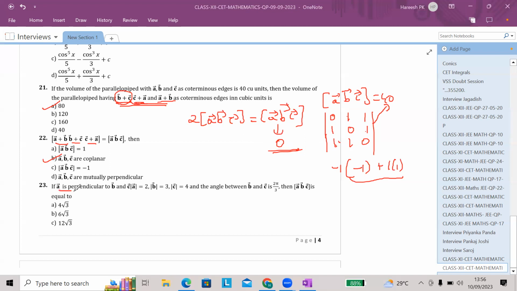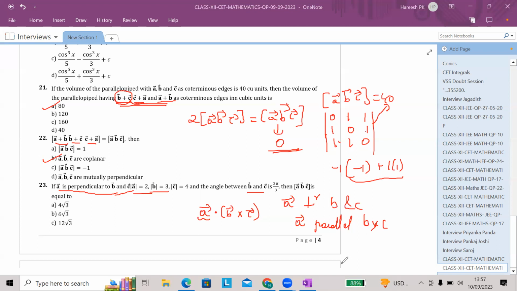Next one. A is perpendicular to B and C. And they have given mod A, mod B, mod C, angle between B and C. And now they're asking what is A dot B cross C. So A dot B cross C. Because A is perpendicular to B and C, A will be parallel to B cross C. Because B cross C is perpendicular to B and C. And in that direction only vector A is there.